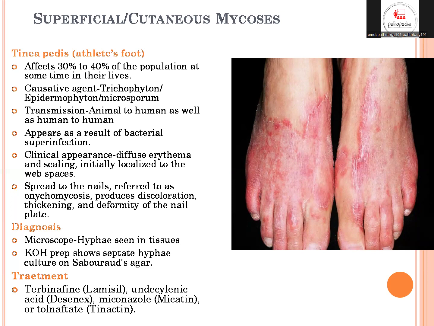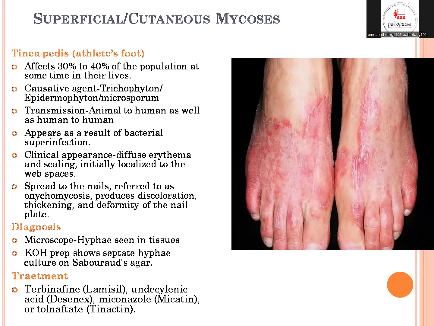Clinically appears as a result of bacterial infection, with diffuse erythema and scaling initially localized to the web spaces, like in the toes of the feet. Spread to the nails is referred to as onychomycosis and produces discoloration, thickening, and deformity of the nail plate.